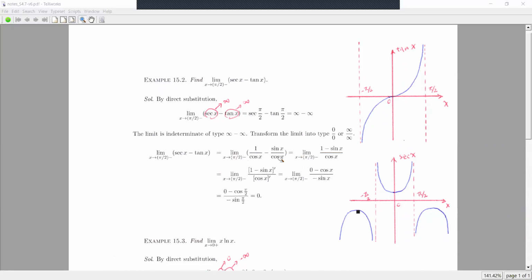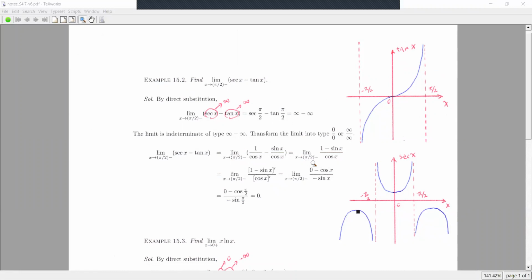These two terms have the same denominator, so we can combine them together to get this function. Okay, now if we plug in pi over 2 in x, then we can see that 1 minus sine of pi over 2 is 1 minus 1, so 0.